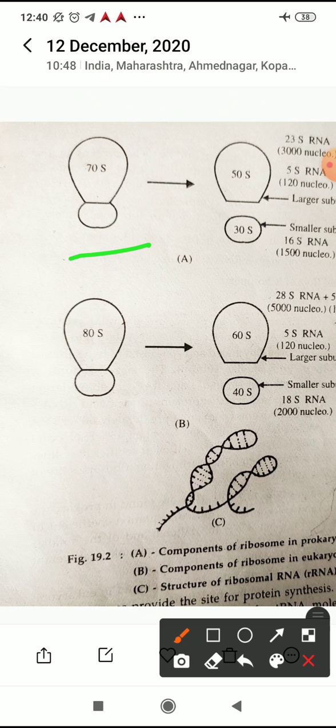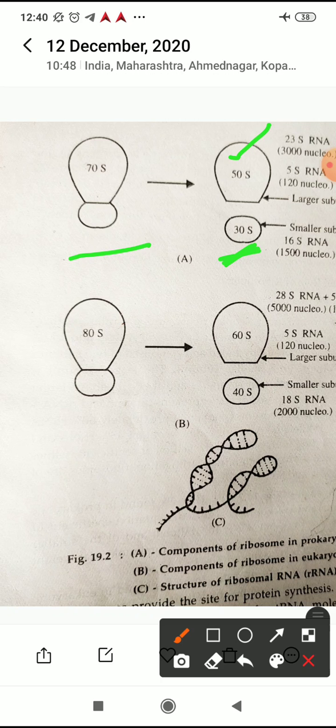The sedimentation coefficient of the larger subunit of this ribosome is 50S, and this 50S larger subunit has molecular weight 1.7 into 10 raised to 6 daltons, while the smaller subunit, this one, is 30S.